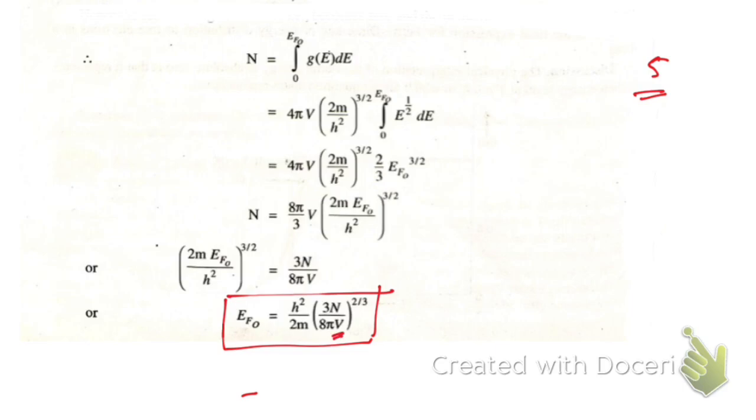So here you can see n by v, and if it is not mentioned, n by v can also be replaced by small n. But in the question it is clearly mentioned that you have to write this in terms of n by v, right? That's why I have written it. So hope you have understood this. Now let's move on to next question.